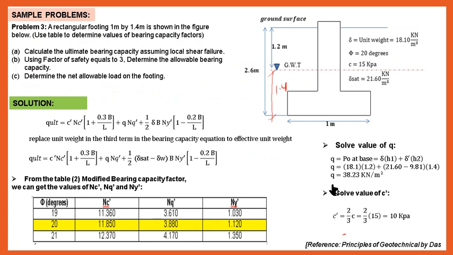Okay? So, the value of our Q is equal to 38.23 kilonewton per meter squared.